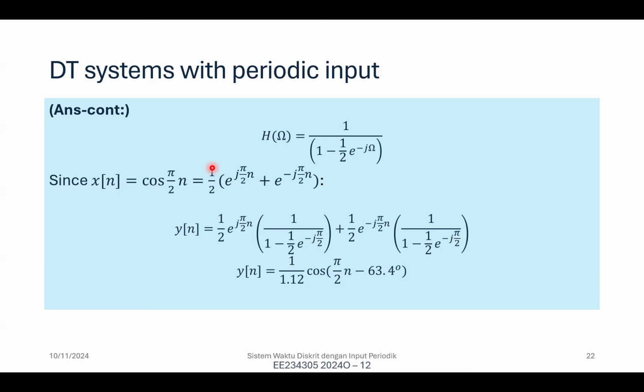Here we do not look at the Fourier coefficient of this.